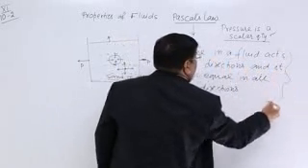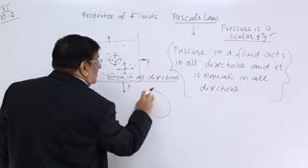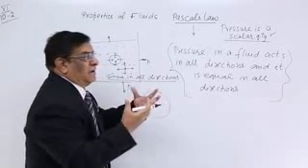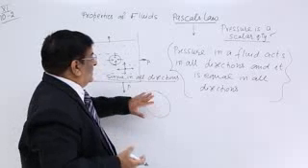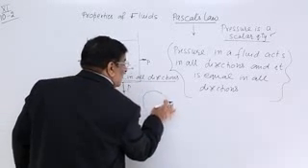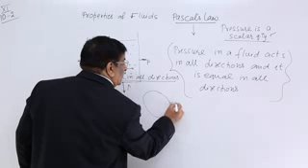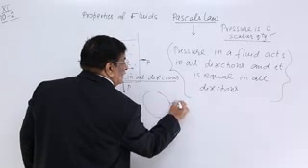this is Pascal's law. If we have a balloon, in the balloon fluid is filled up, air is also a fluid, liquid is also a fluid. So let us say the air is filled up. If I puncture it from here and put a gauge here, it will show me say 10.